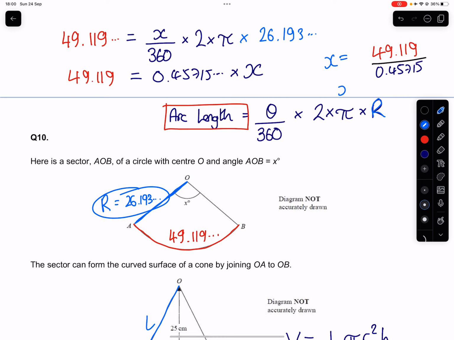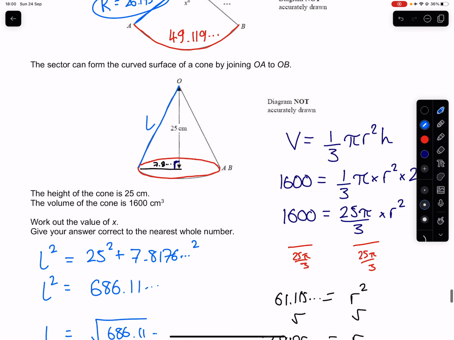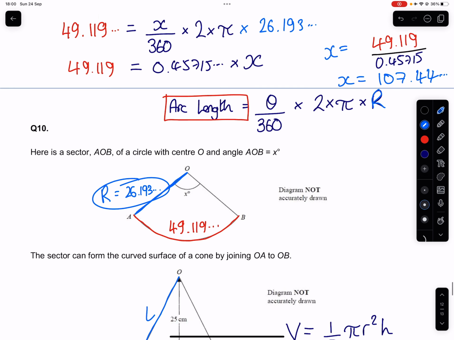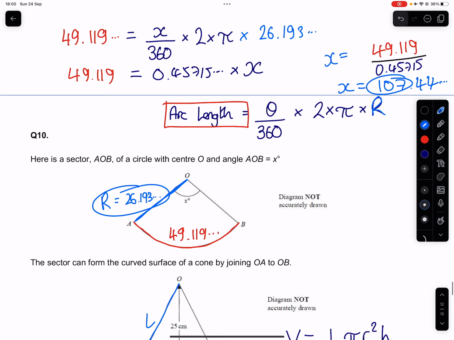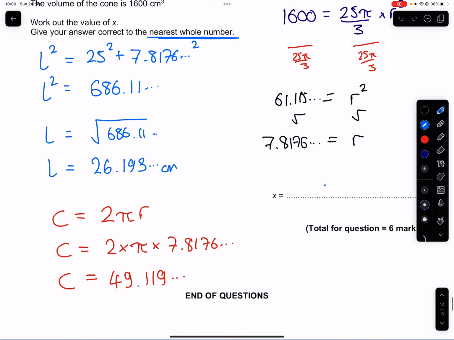When all is said and done, our x value is going to turn into 107.44 and change, which, when we round it to the nearest whole number, gives us 107 degrees. So 107 degrees is our final answer there. Done.